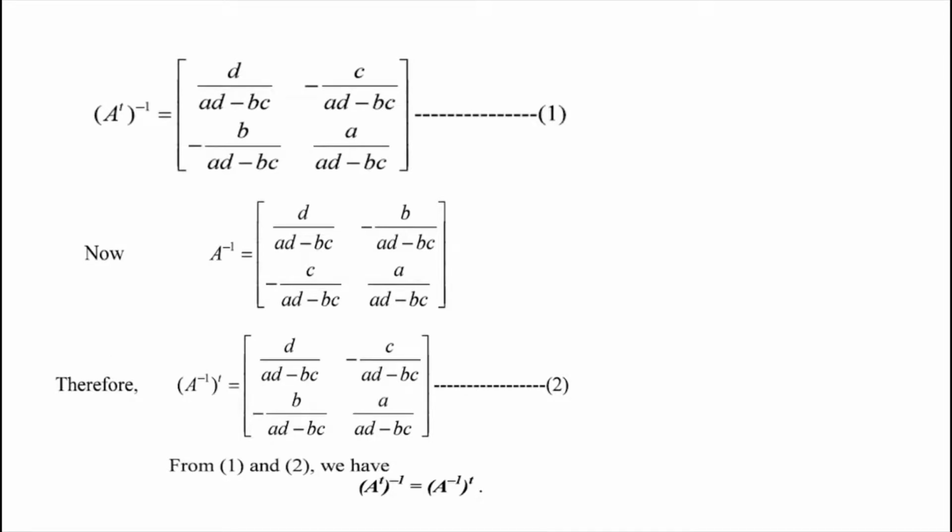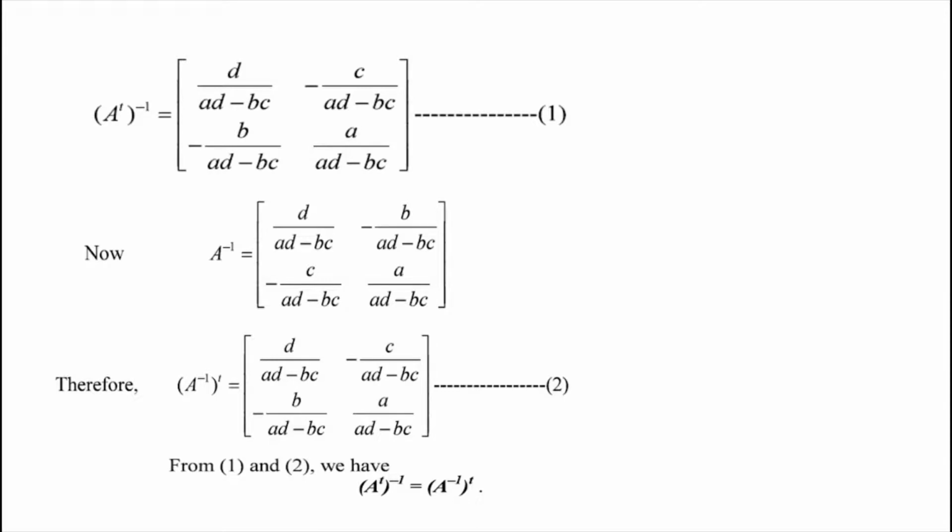Let's see here. We want to find out the inverse of A transpose. We divide the adjoint of A transpose by its determinant, and we obtain equation 1.